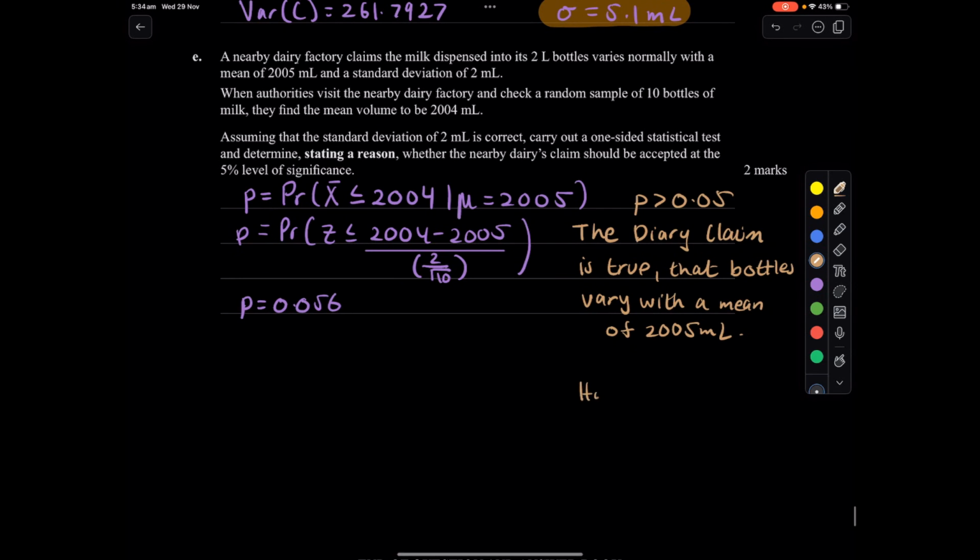So remember, our null hypothesis in this case was 2005, and our alternative hypothesis was less than 2005. So we are accepting our null hypothesis in this case.